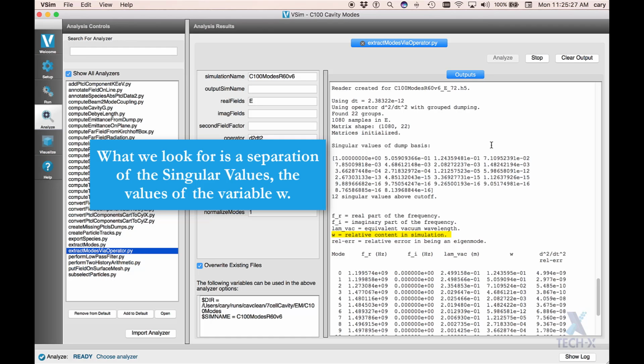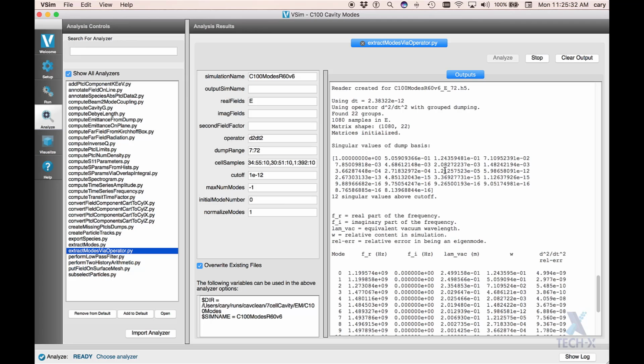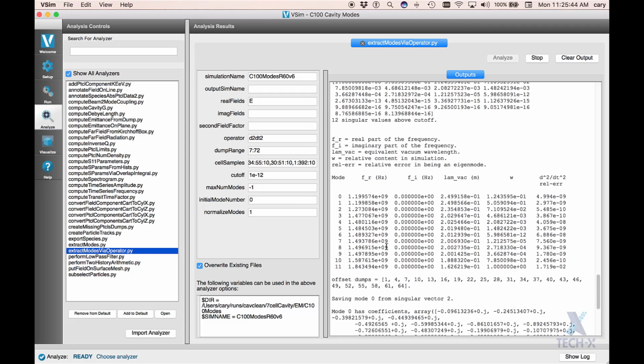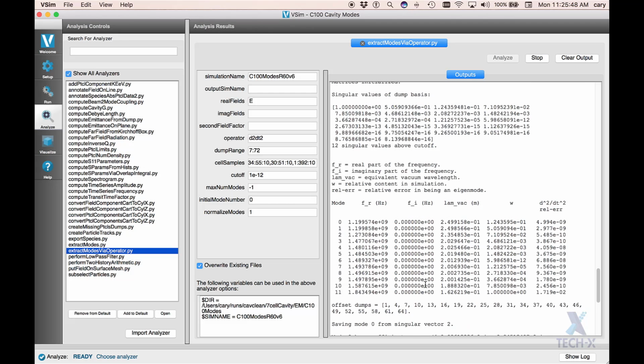In the singular values, we see that they fall off from 1 down to about 10 to the -5, and then there is a sharp drop off after that. So that's 11 modes that look like they would be reasonable. Now, in fact, in the frequencies, we seem to have found 12, although one of the modes has a very large relative error.